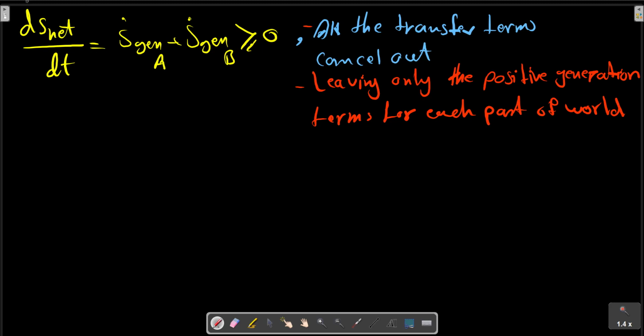If no process takes place in the ambient, that generation term is zero.